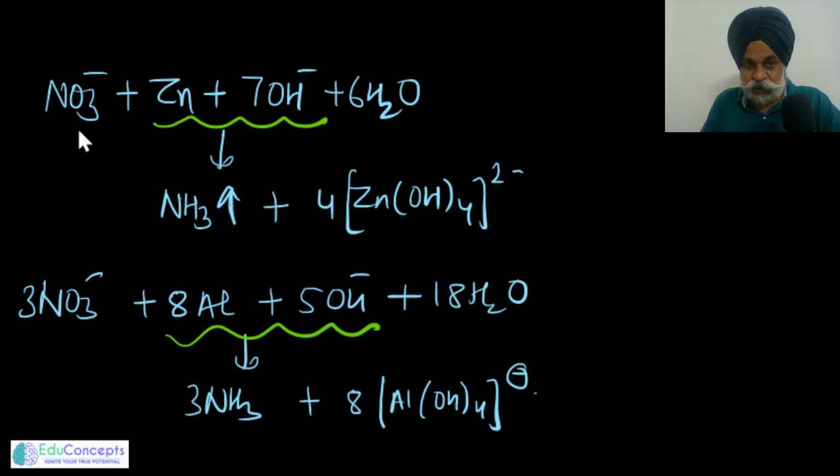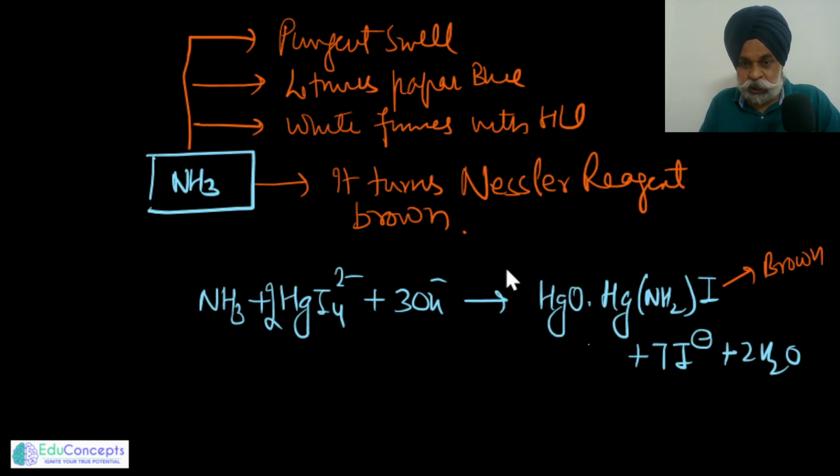Majorly you should know that nitrate detection can be done through the conversion of nitrate to ammonia, and then the ammonia is tested in any of these ways which I am marking here. It turns Nessler reagent brown. It has a pungent smell, and because it is a little alkaline, it turns litmus blue.